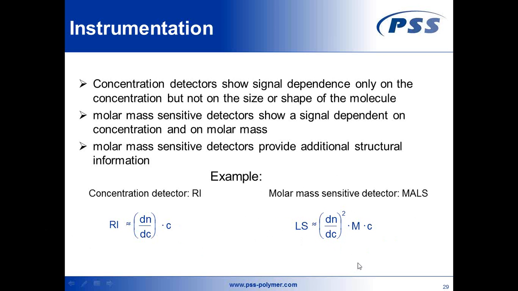Here we get the second piece of information, meaning the signal intensity as a function of the size or the molar mass of the molecule. This is the reason why we call light scattering detectors and visco detectors molar mass sensitive detectors, and RI and UV detectors concentration detectors. The signal intensity depends either only on the concentration or on the concentration times the molar mass. That's the difference.